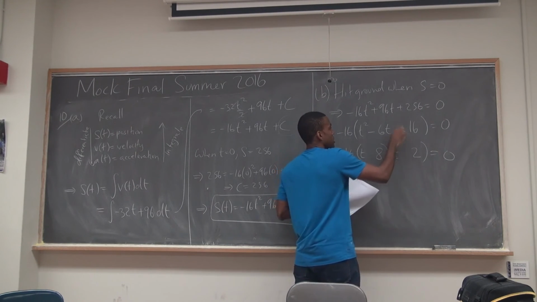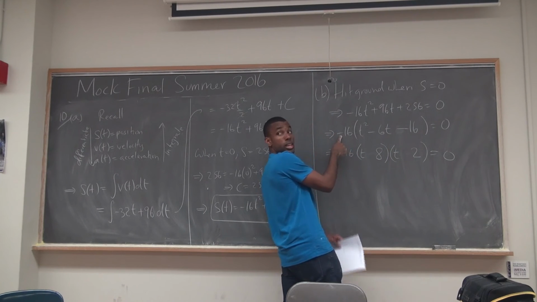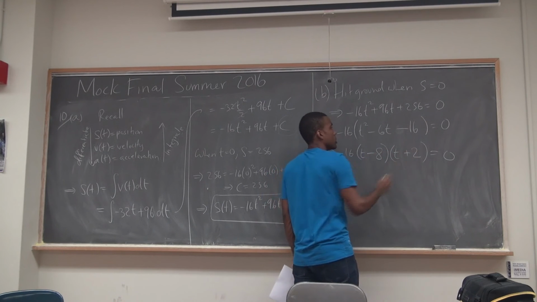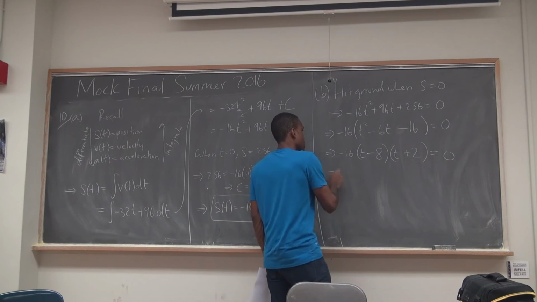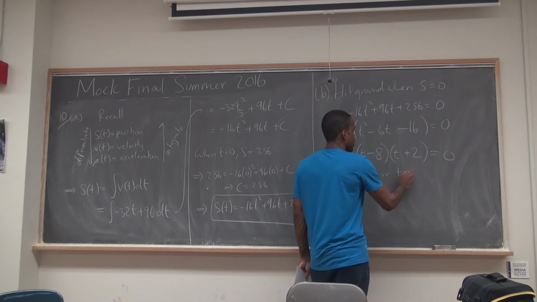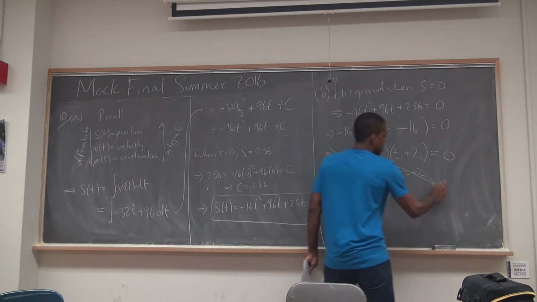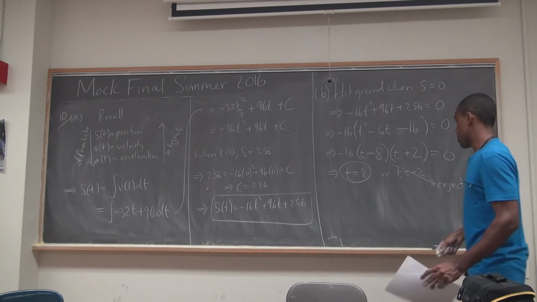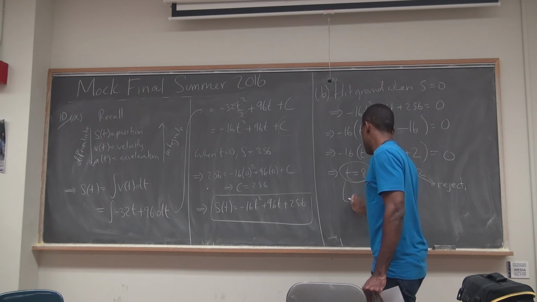Oh, sorry, this is a minus, because I factored out a negative. So minus 8 plus 3 does work. Yes. So this means that my t is 8, or t equals minus 2, which of course you reject. So it hits the ground after 8 seconds.